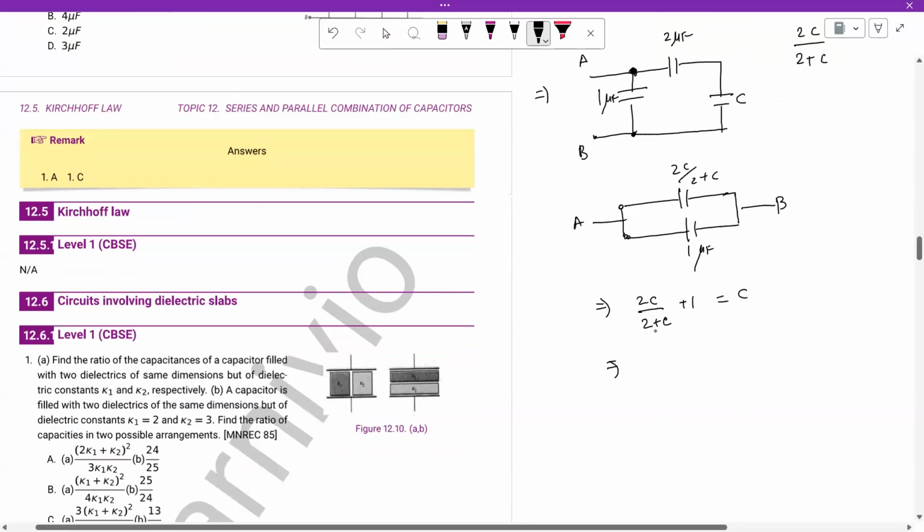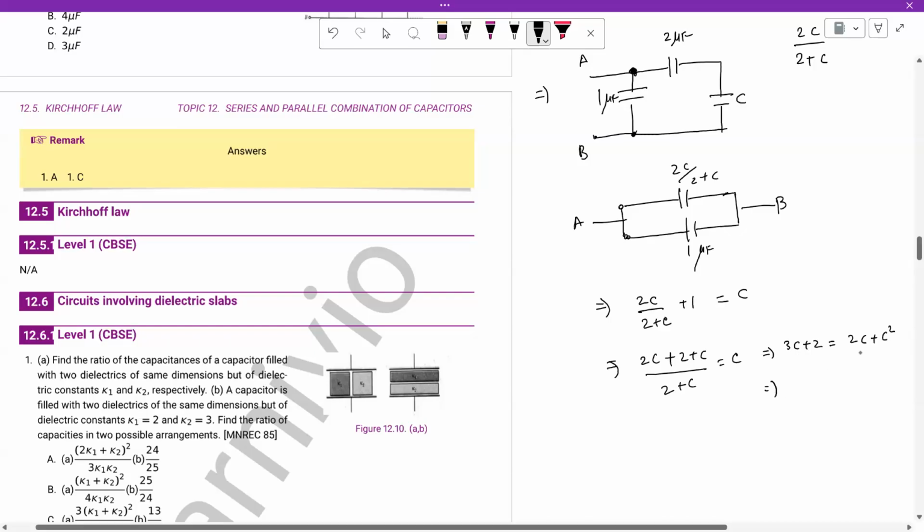And then if we take this thing to the other side, this is 2C plus 2 plus C divided by 2 plus C, into C. So this is 3C plus 2 equals 2C plus C square.